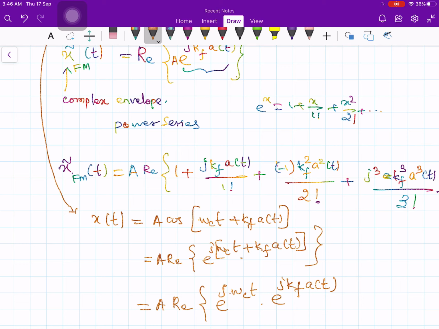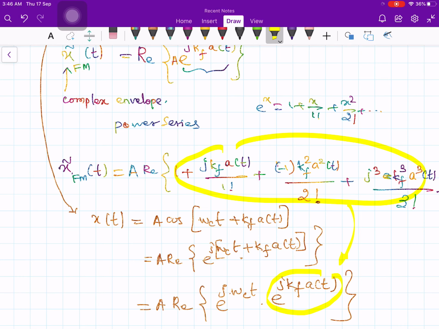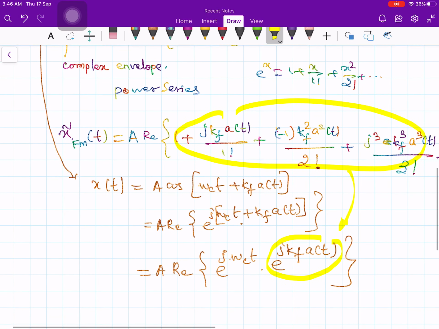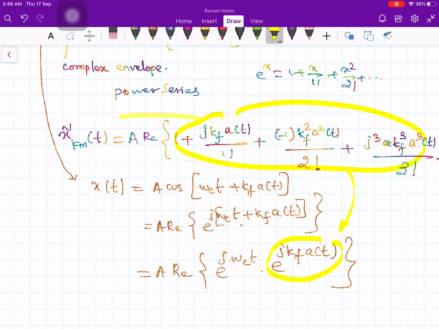So what is e to the j times kf times a of t? You expand it in terms of the power series. Just now we expanded it, the power series is here. Substitute for that, and that will be x tilde FM of t.